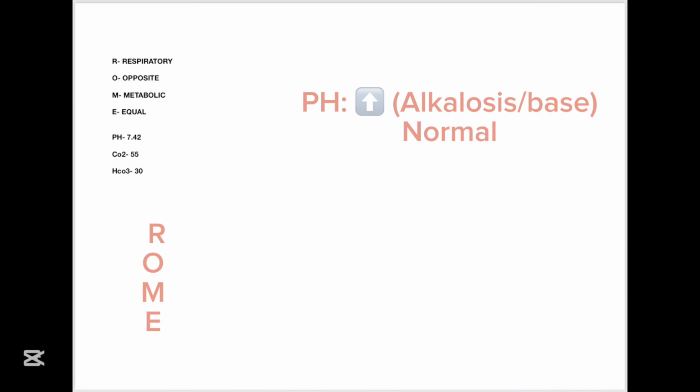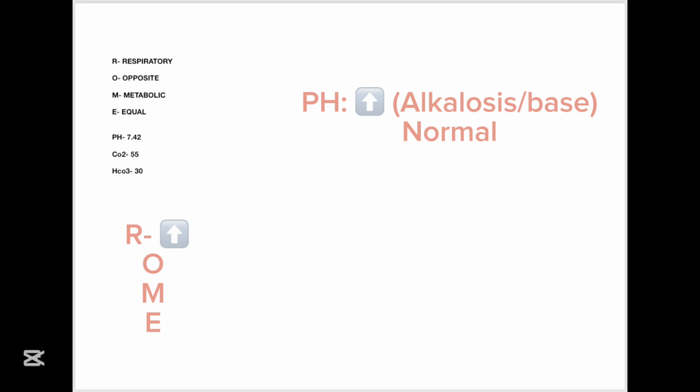So now let's look at the CO2. CO2 is 55, and given the normal range of 35 to 45, this is higher than the normal value. So beside the R, we are going to put an increased arrow showing that the CO2 is high. So now let's compare it, the pH and the CO2.